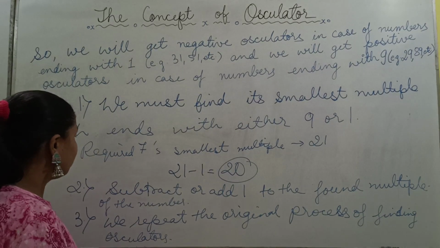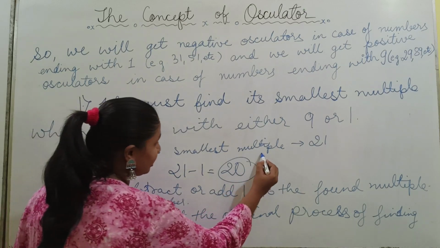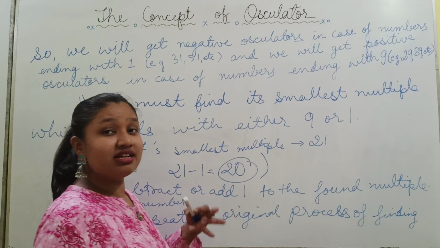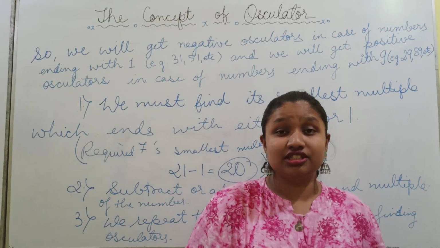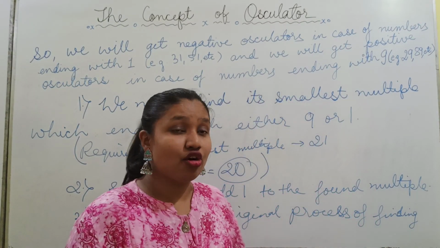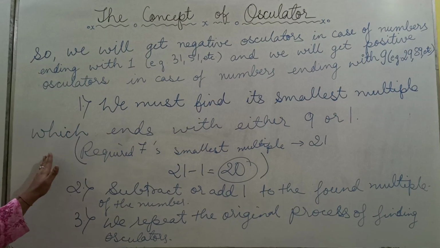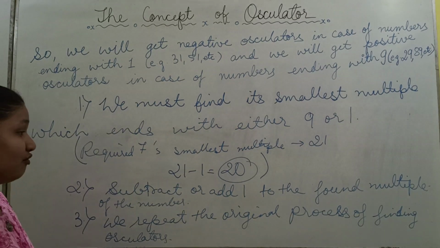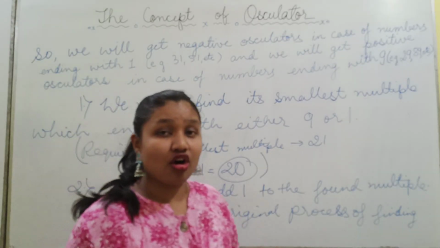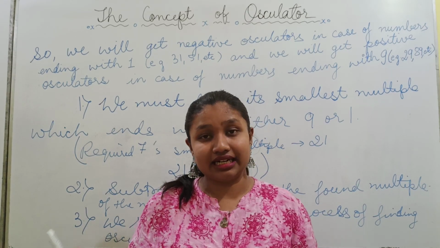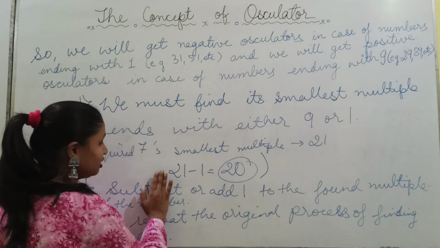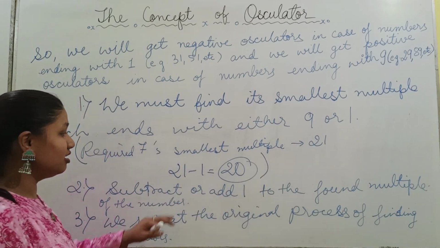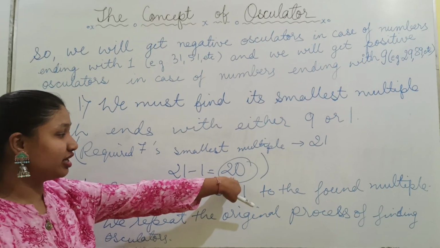Okay, so what we did first, for finding the osculator of 7, firstly we found the smallest multiple of 7 which ends with 1 or 9 and we got that multiple as 21. Secondly, we will find whether on subtracting or adding 1 we will get a multiple of 10. So we found that on subtracting 1 from this smallest found multiple we will get a multiple of 10.